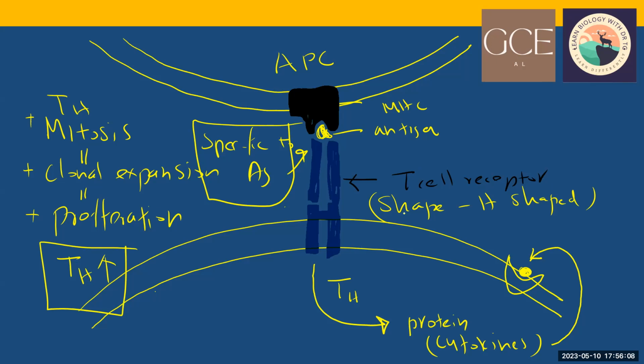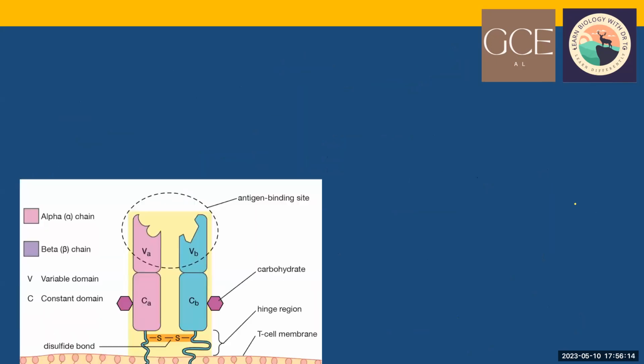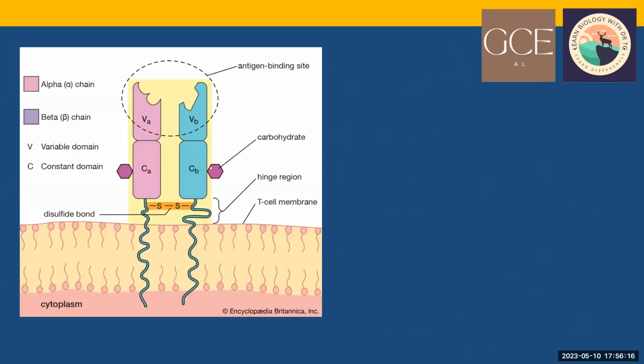Right. The T cell receptor has an H shape. I can also show how it looks in the real picture. You see this cell membrane with phospholipid bilayer, and you can see here the attachment part to the cell membrane.